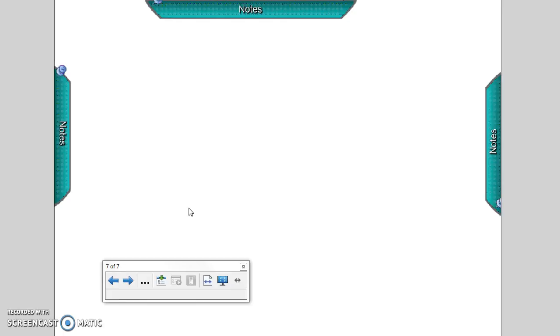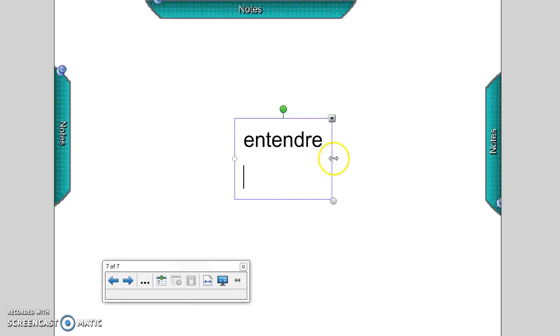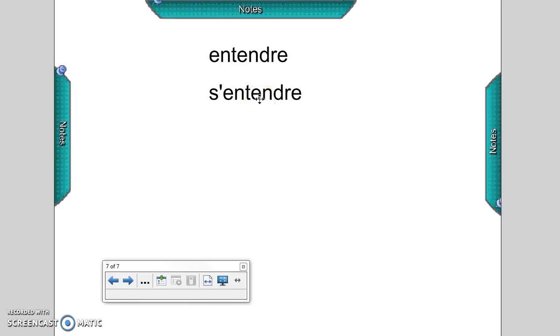The second note you need to make is that sometimes making a verb reflexive changes its meaning altogether. So we have the verb entendre, which, if you remember, means to hear. We're going to learn a new vocabulary word, which is s'entendre. If we were to translate that literally, we might think it means to hear yourself or to hear each other.